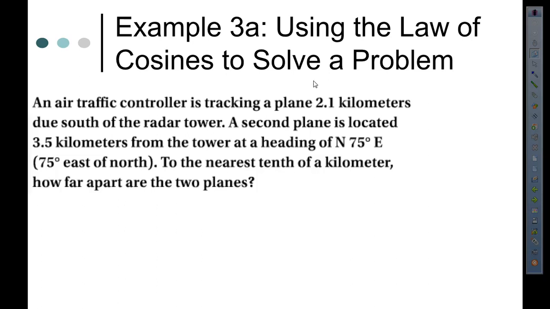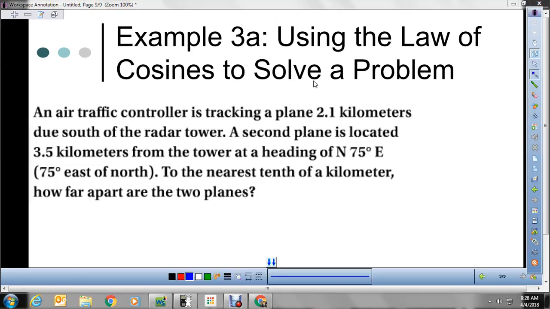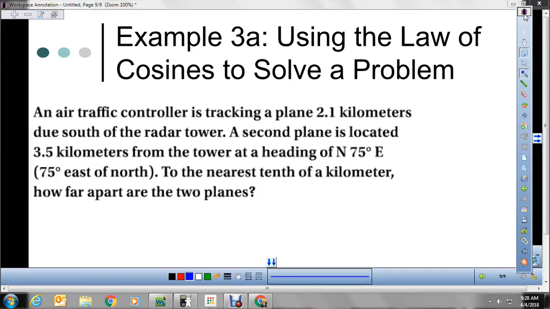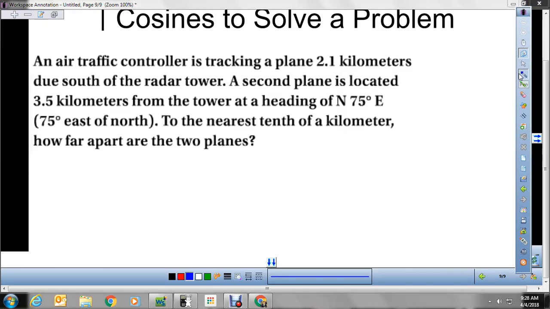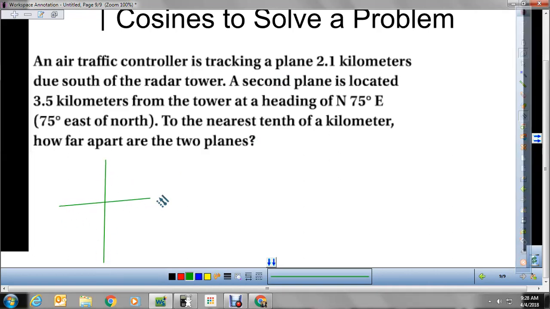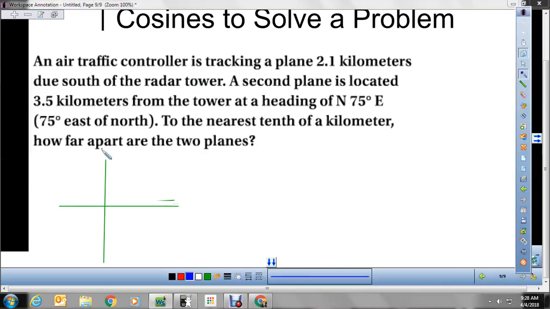So my suggestion is to draw a compass rose, which is basically the same thing as an XY coordinate plane. So we'll draw our XY coordinate plane here. Now we know this is north, this is south, east, and west.